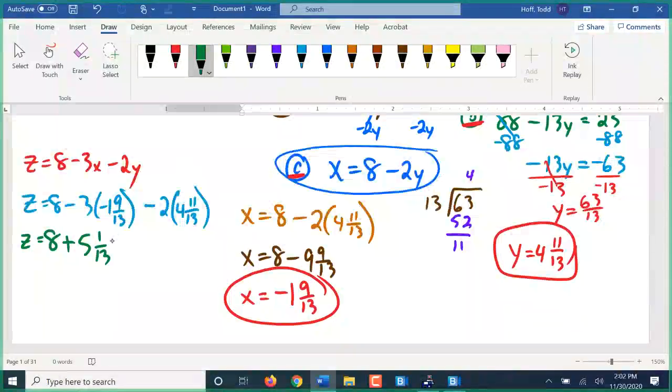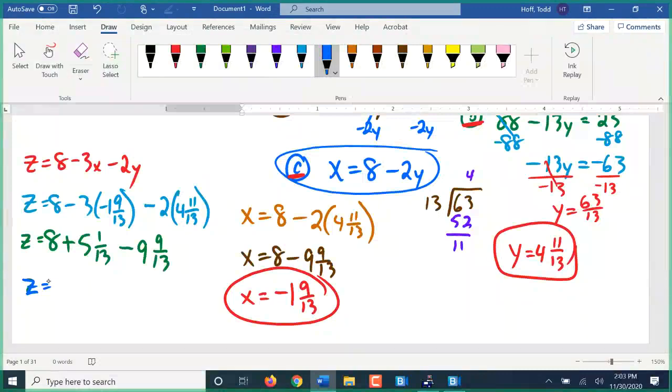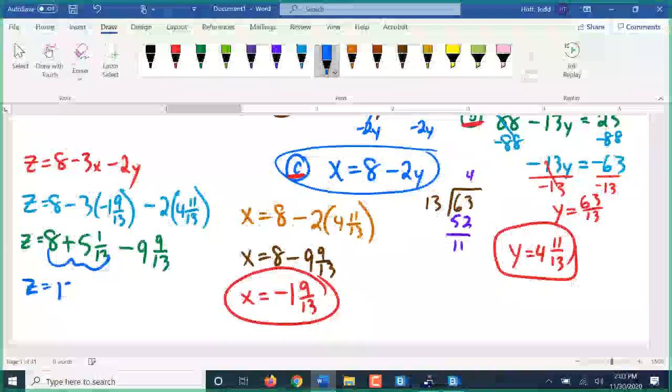And let's see here. Minus 9 and 9/13. There. So we have some combining to do. We have 8 plus 5 and 1/13 is 13 and 1/13.